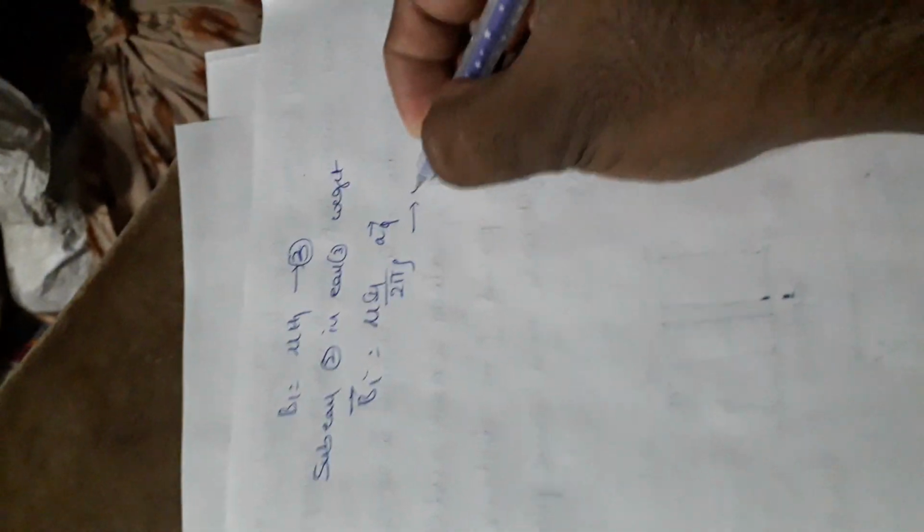So in magnitudes, B1 bar is equal to mu into I1 by 2 pi rho a phi bar, because B bar is equal to mu into H bar, which is H phi into a phi bar. This is equation number 4.